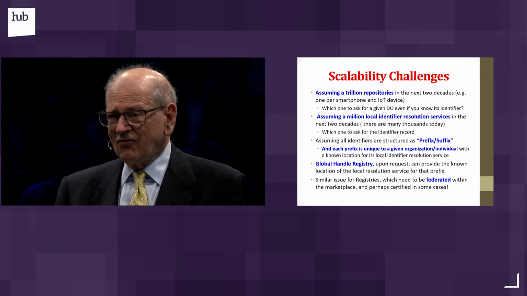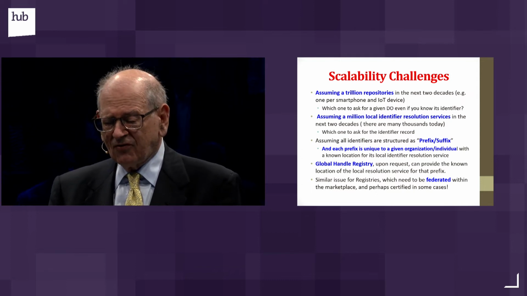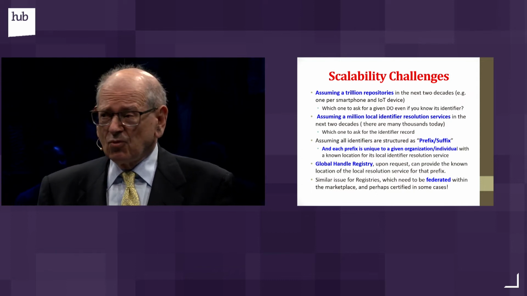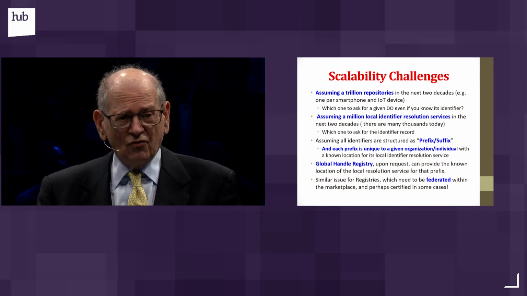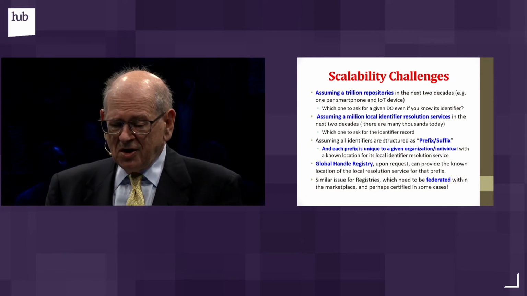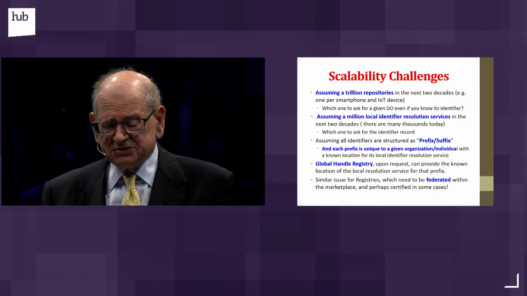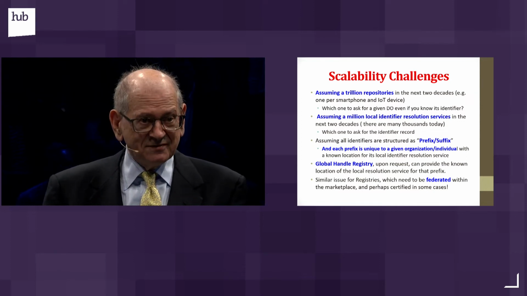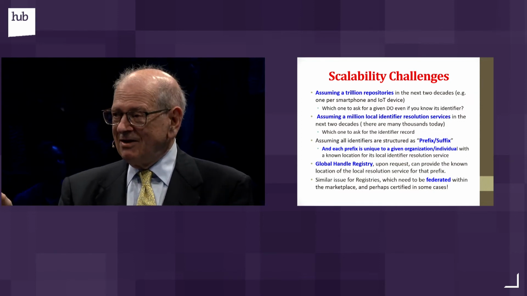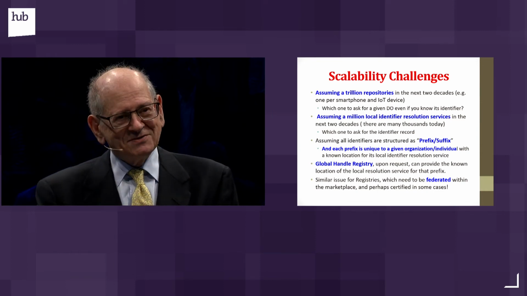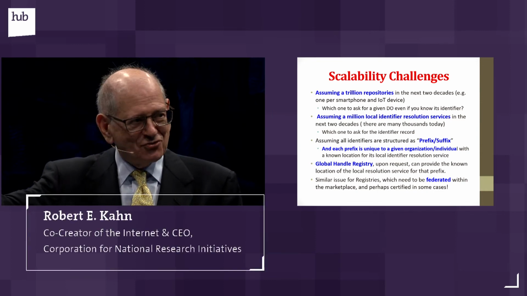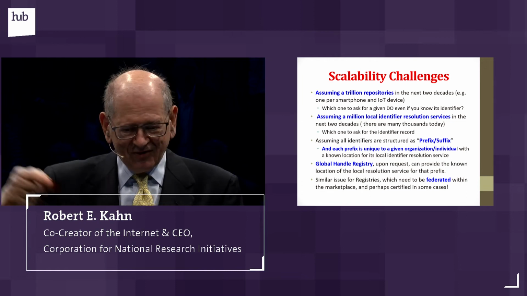We have probably 1,000, 10,000 individual contracts. If every organization in the world and every individual, and who knows, wants to run their own, you might have perhaps 1 million local identifier services. So if you had an identifier, which of the 1 million identifier services did you now ask to find out which of the 1 trillion repositories to go ask?